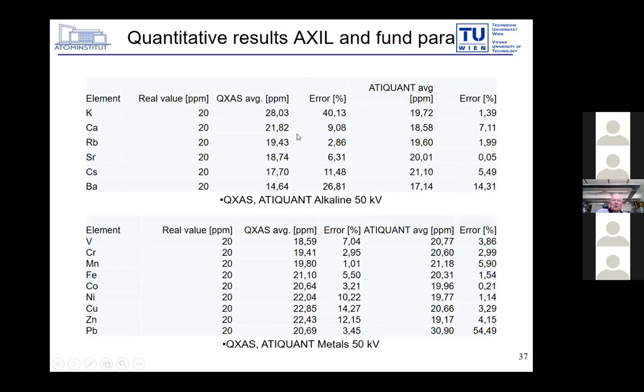So it turns out that we have to do some more precise remeasurements on the calibration curves, where we have to rely on the concentrations and the evaluation of the spectra. The same is achieved for the metals. So we see that the range is around 10% and better, except for the lead, but I think there was a mistake in this measurement of the lead.